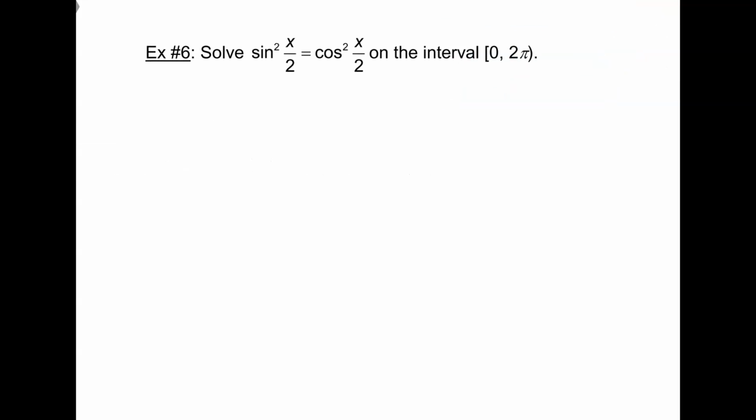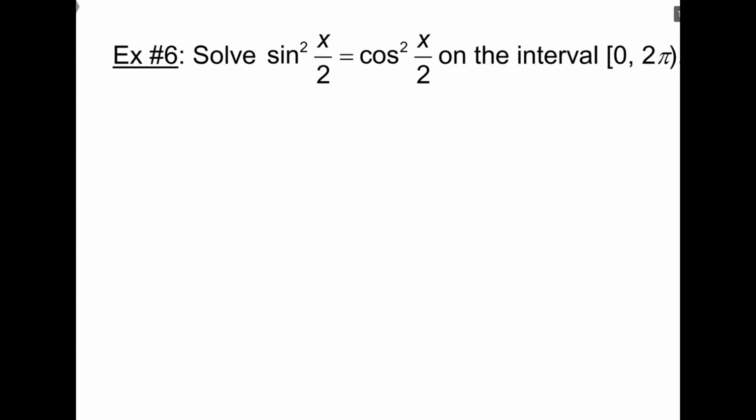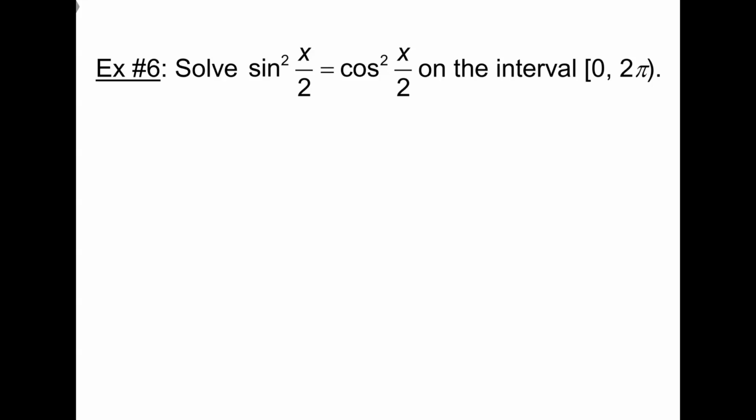All right, here we go. Solve sine squared x over 2 equals cosine squared x over 2 on the interval 0 to 2 pi. This is the same thing as saying sine of x over 2, squared.